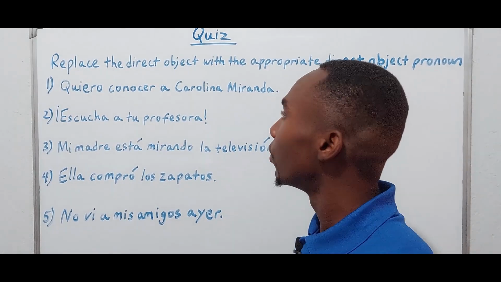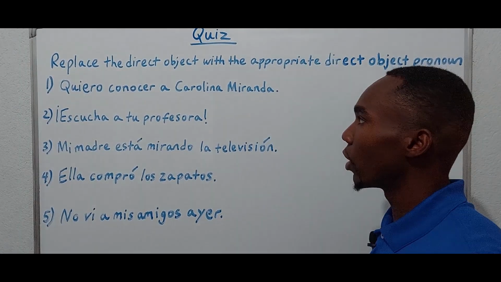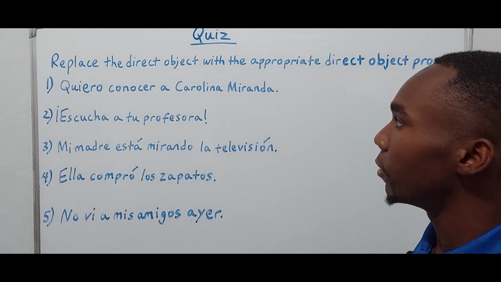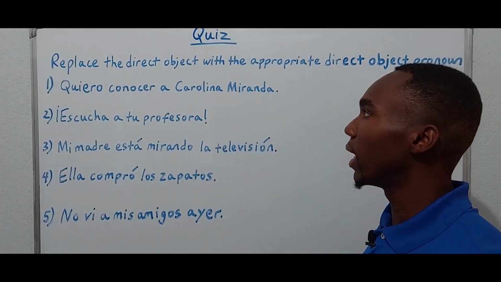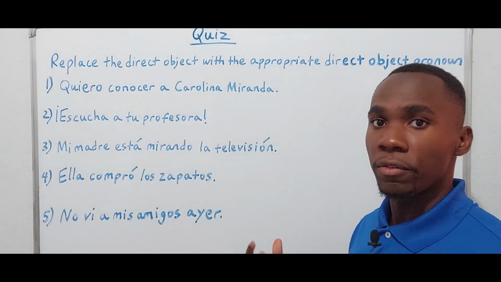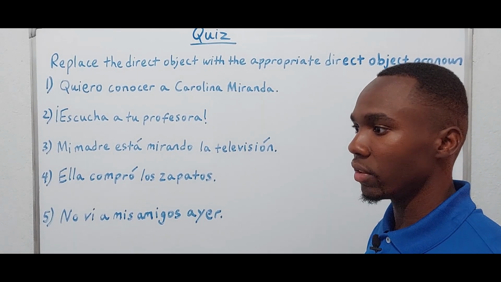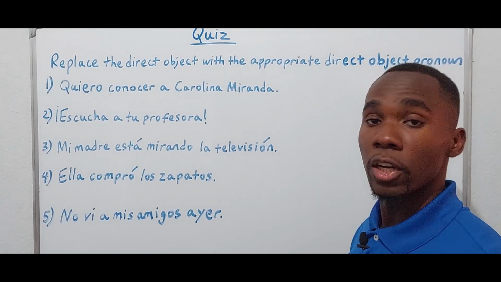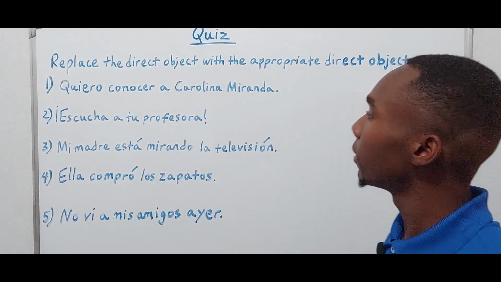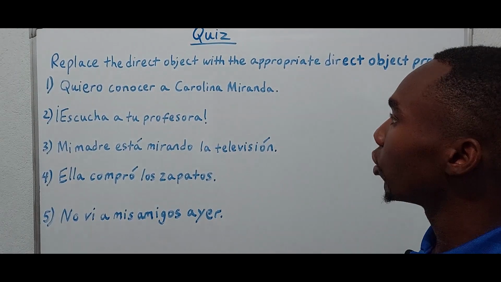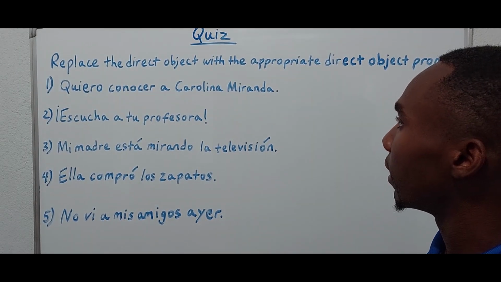So let's go. Quiero conocer a Carolina Miranda, right? And if you don't know who Carolina Miranda is, this is a famous Mexican actress. You can check her out in the series Quien Mató a Sara, right? But quiero conocer a Carolina Miranda.